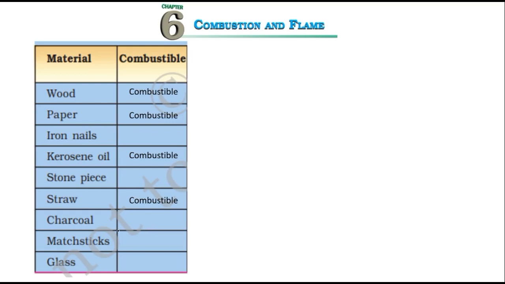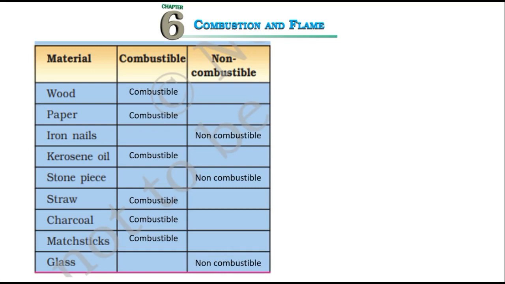All of us have seen charcoal burning, combustible. Matchstick is combustible. And what about the remaining ones, such as iron nail, stone piece and glass? They are non-combustible, right? So we have substances, some are combustible and some are non-combustible.